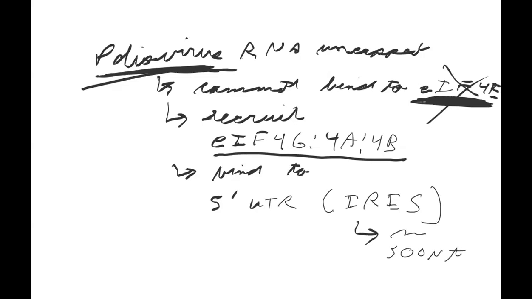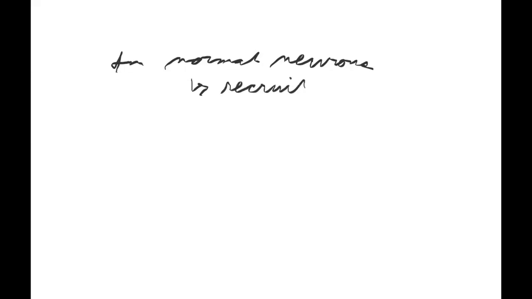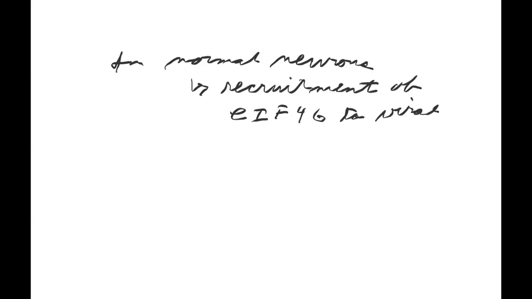Now, in normal cells, normal neurons, you have a recruitment of EIF4G to the viral genome.